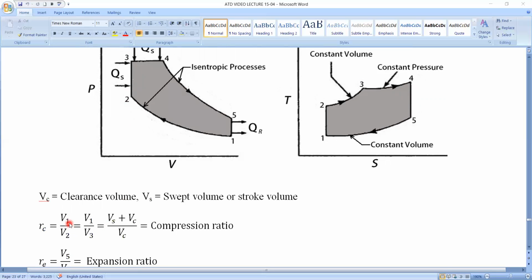So that's why V1 by V2 can also be written as V1 by V3, because V2 is equal to V3. Now, as you have seen how to write the RC, that is the compression ratio, Vs plus Vc divided by Vc, that is the total volume of the cylinder divided by the clearance volume. So that is known as the compression ratio.